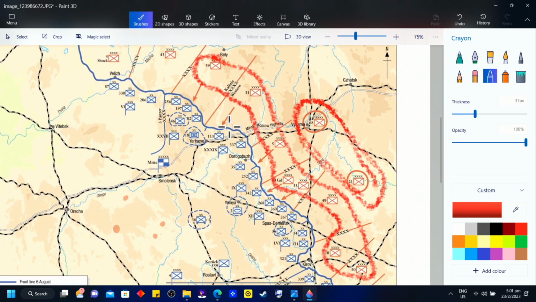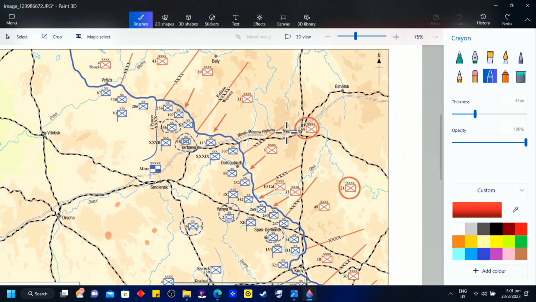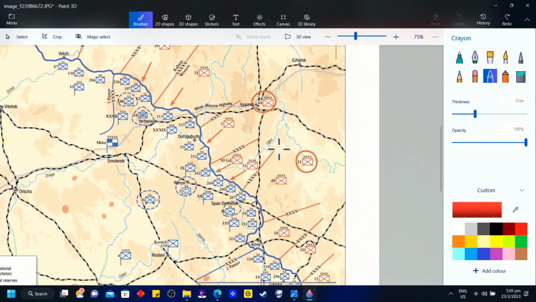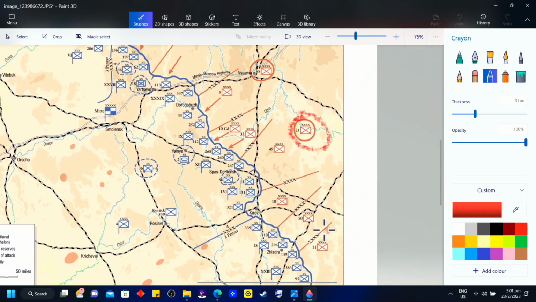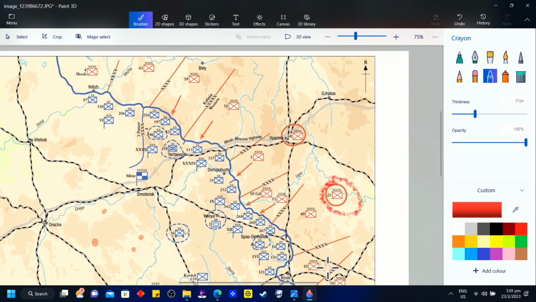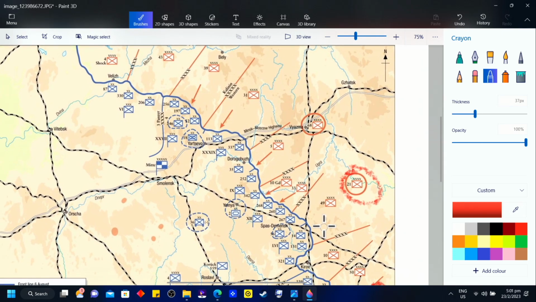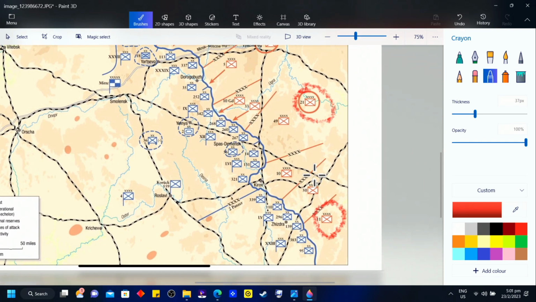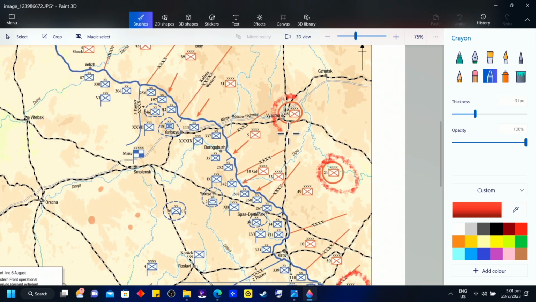So yeah, then let me see. Let's take a look at the Western Front. So 3 armies: the 21st, the 11th Army and the 68th.